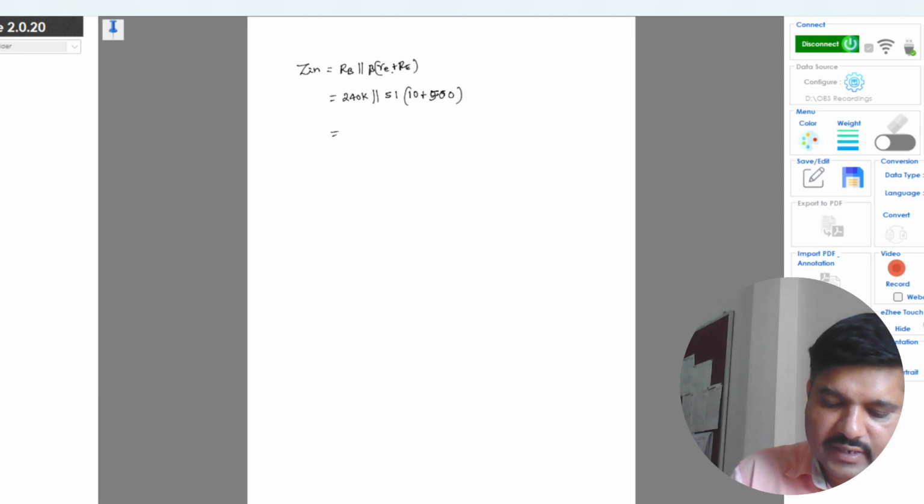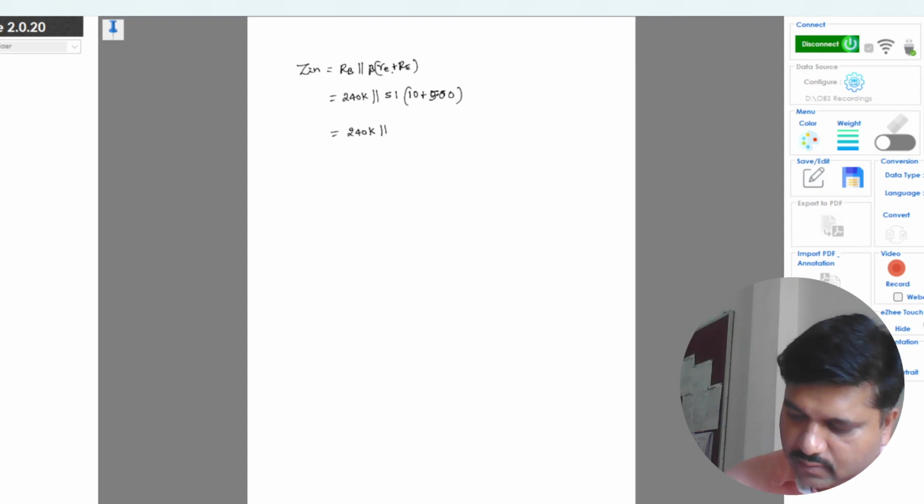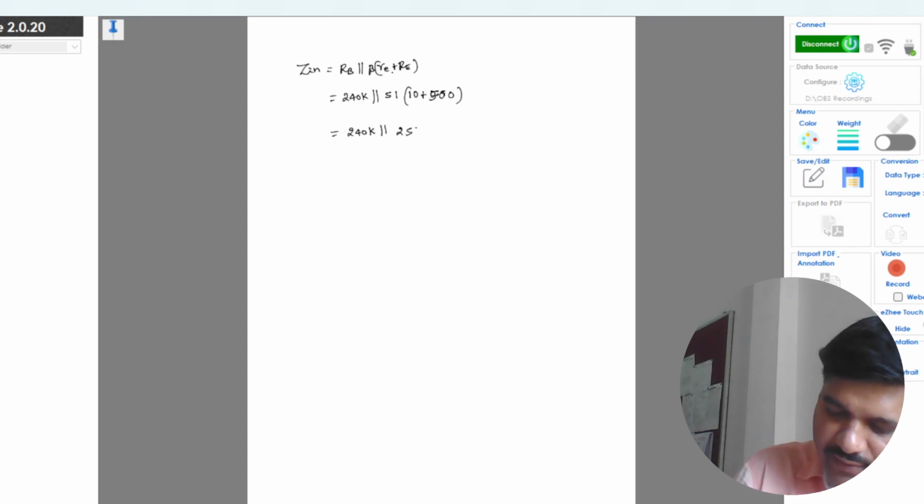Okay, Zin is approximately 240k parallel with 51 into 510, which is around 26k, approximately 25k. So Zin will be approximately equal to 25k.